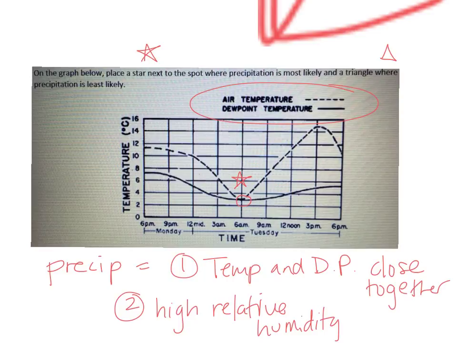The next mark I need to make is a triangle where precipitation is least likely. The opposite side of this is I know that precipitation will not happen when these two are far away. Okay, so if they're far from each other, precipitation is most likely not going to happen.